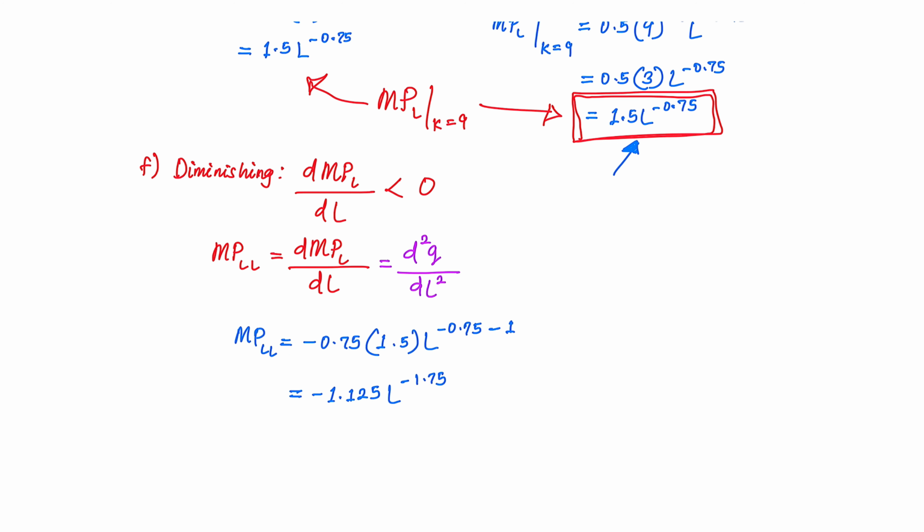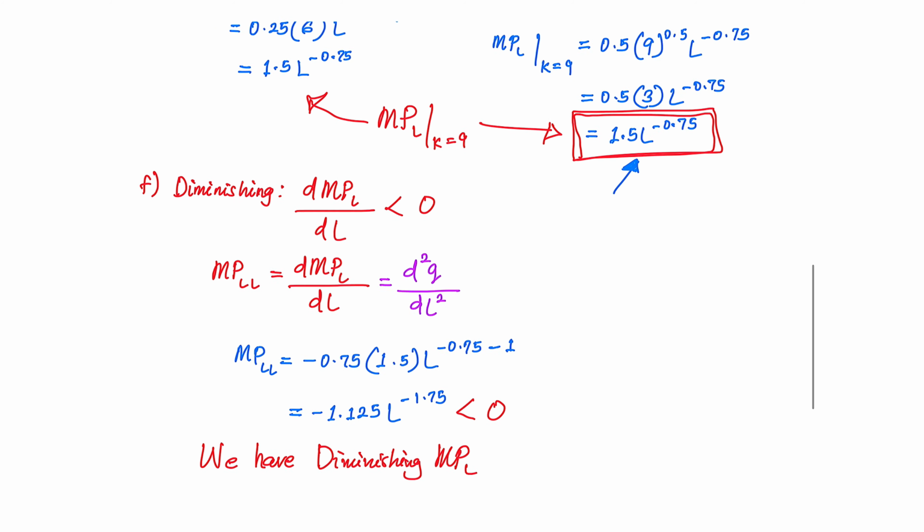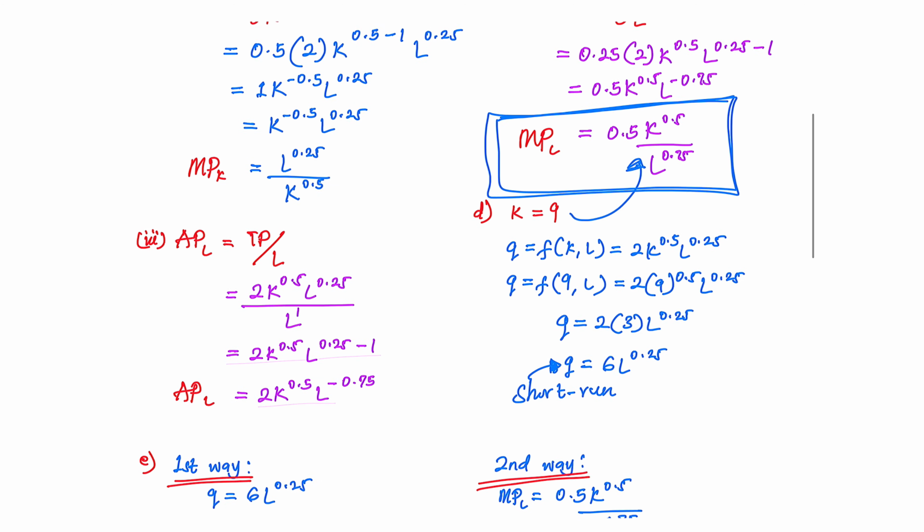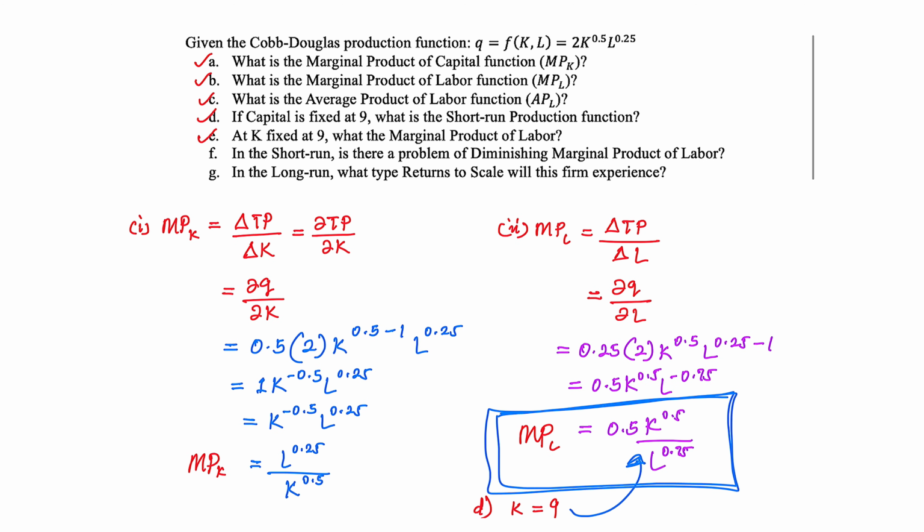As we can see, this result, which is the functional form, is led with a negative. So that means less than 0. Hence, we can say that we have a problem of diminishing marginal product of labor. And this answers the F question.